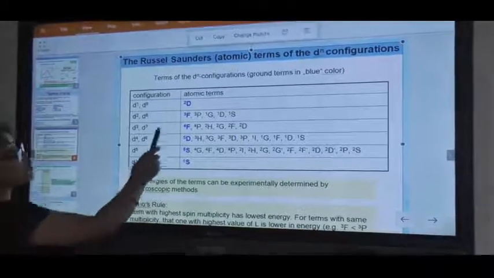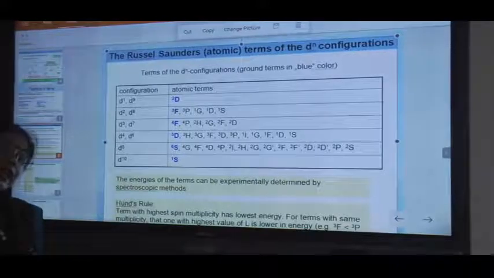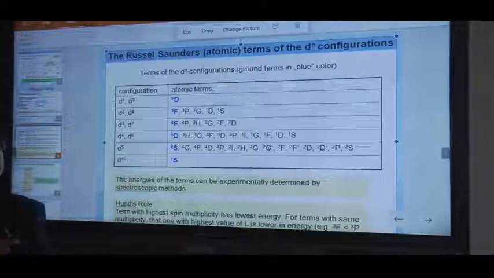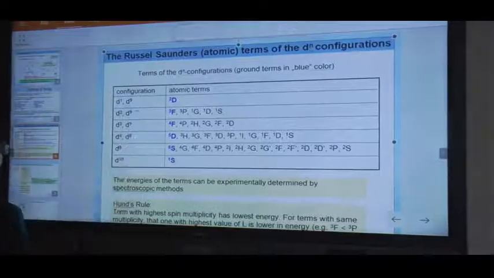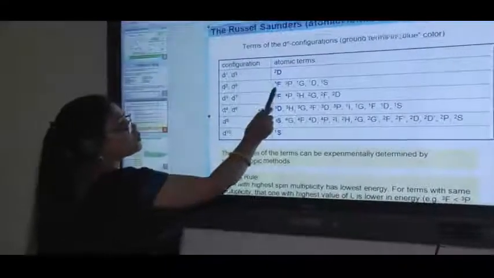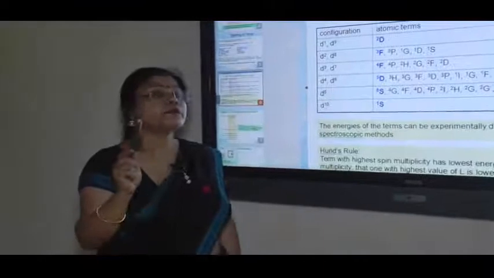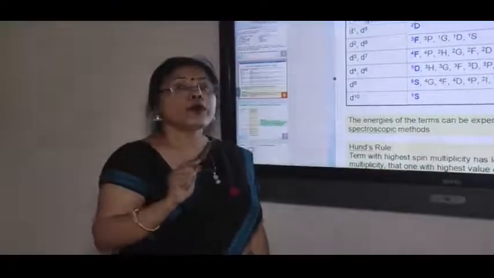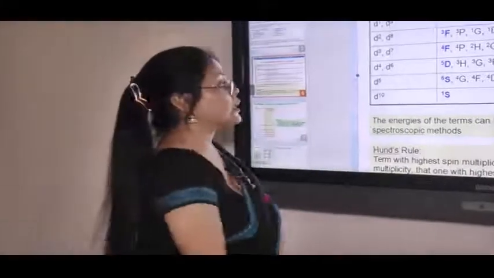When such a situation arises, when two terms have the same spin multiplicity, then the one with the highest L value will be considered as the ground state. So, out of 3F and 3P, F has L value 3, P has L value 1. So, 3F will definitely be the ground state term.